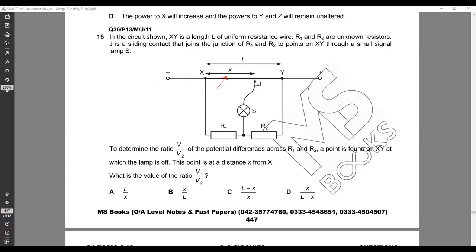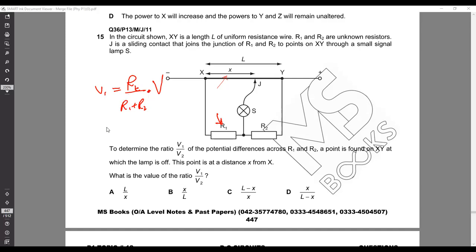So what happened? Across R1, the potential drop is V1, and you can write it in two ways: R1 over R1 plus R2 into the total voltage V, right?